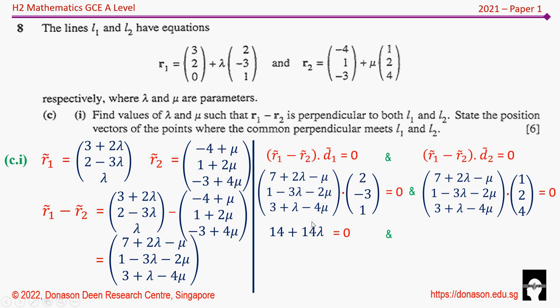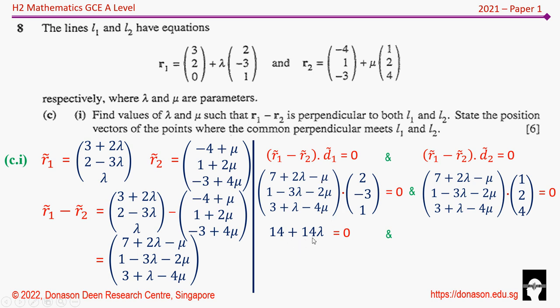So minus 2 mu plus minus 4 mu is going to become minus 6 mu. Then we're going to have a plus 6 mu from the j part. So minus 6 mu plus 6 mu would disappear, and therefore it would just have lambda, and there will not be any more mu.